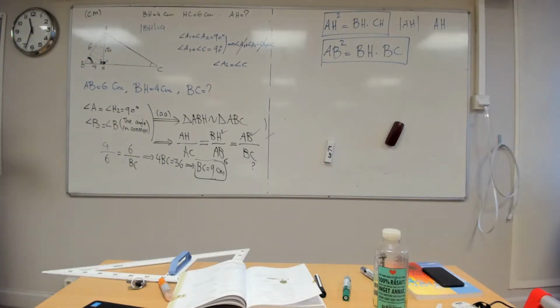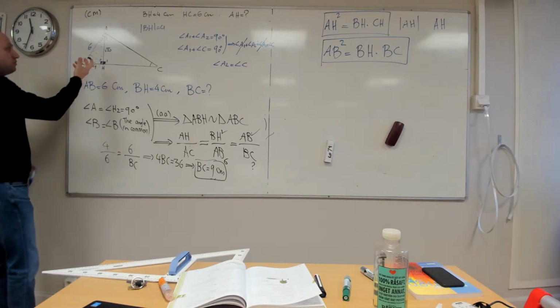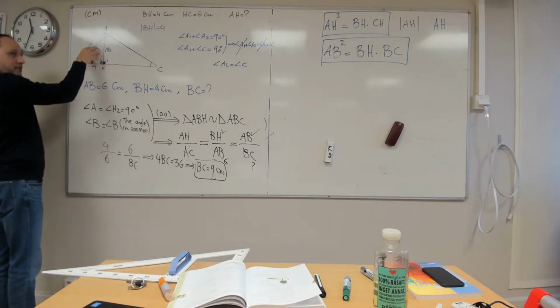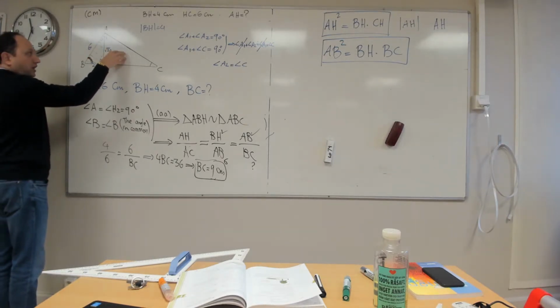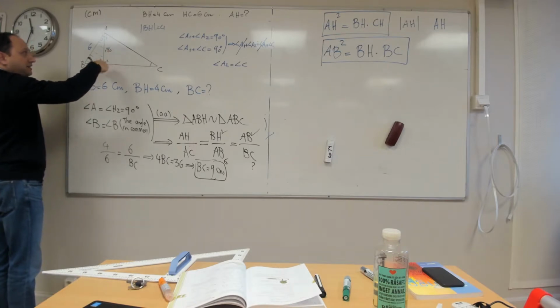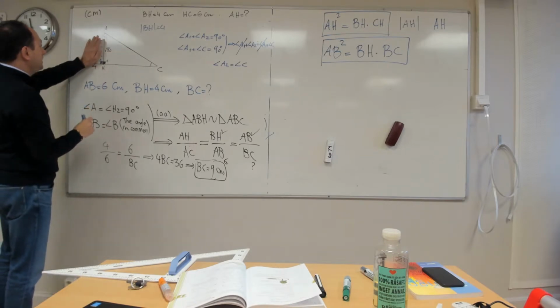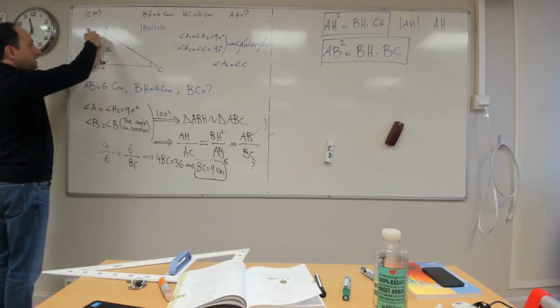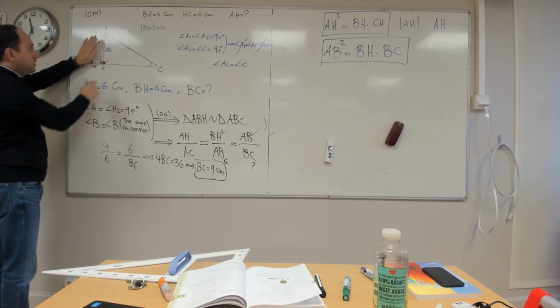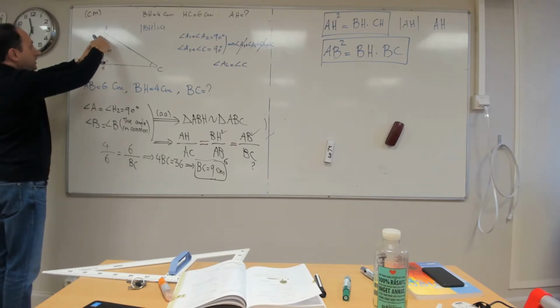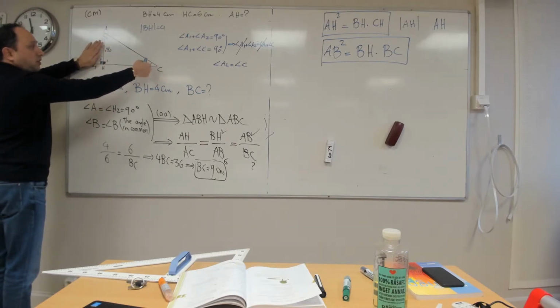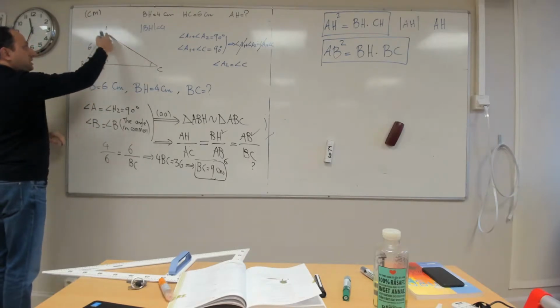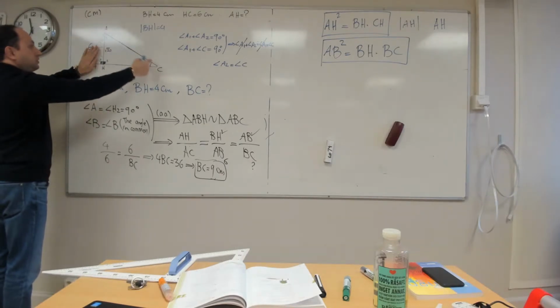Now, I want to test your intuition. There is no difference between the left small one or the right small one. If I write the same thing, instead of considering this one, do you agree that this one is also similar to the bigger one? Yes? Because this one is 90, this one is 90, this angle is in common. So this big triangle is also similar to this triangle.